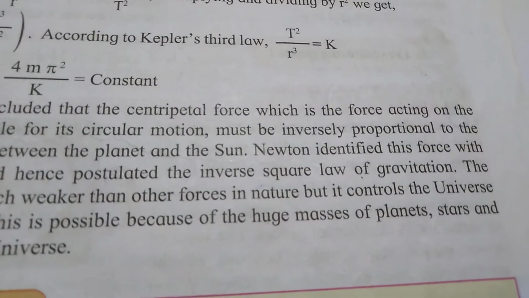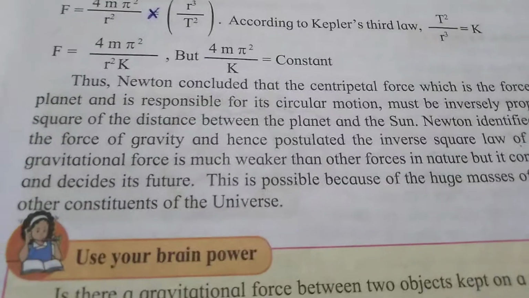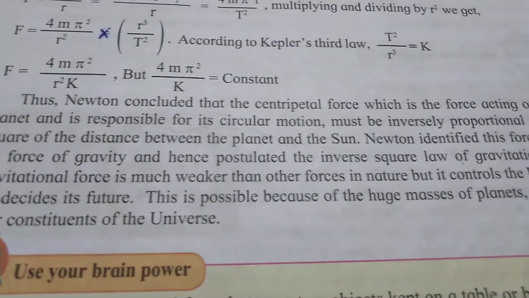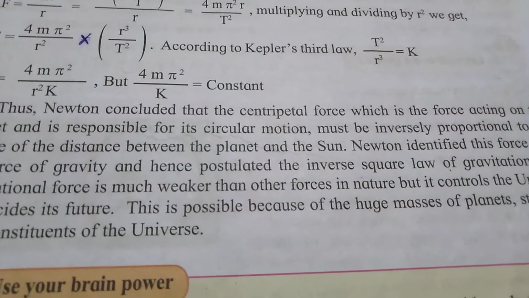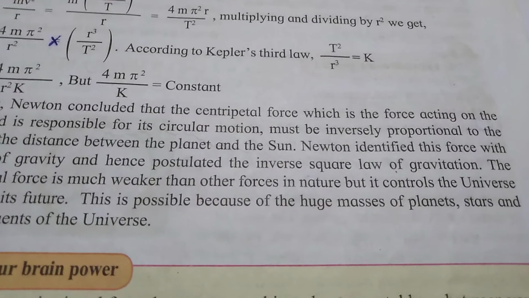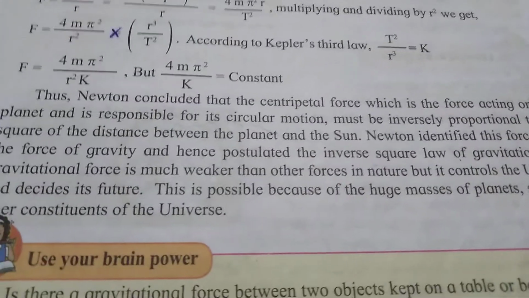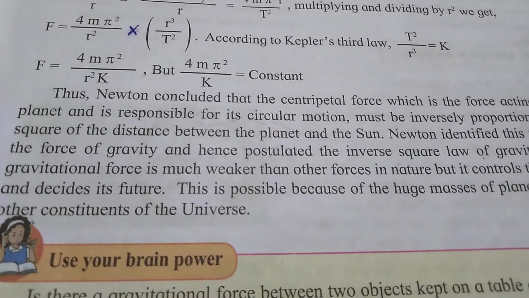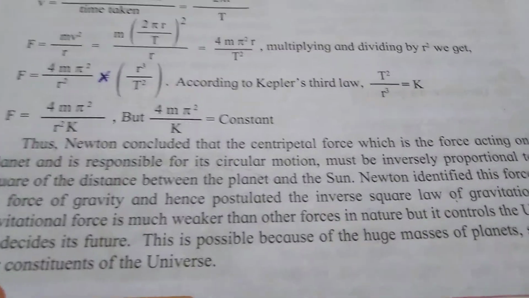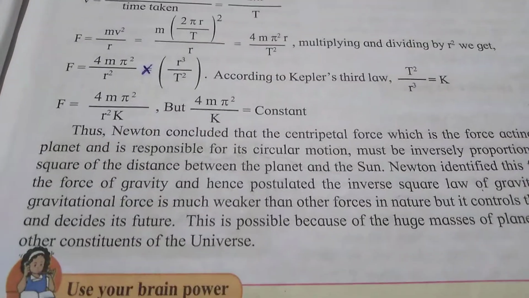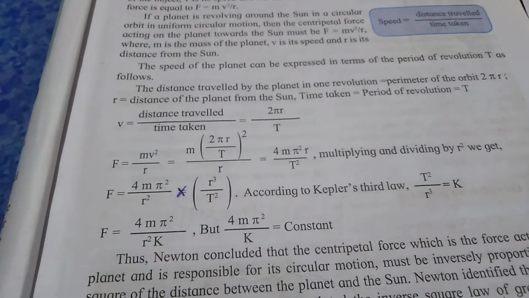But this force controls the universe and decides its future. Though it is very weak, still it is universally present, and it is because of this particular force, gravitational force, that the huge masses of planets, stars and other constituents of the universe are in the position wherever they are.